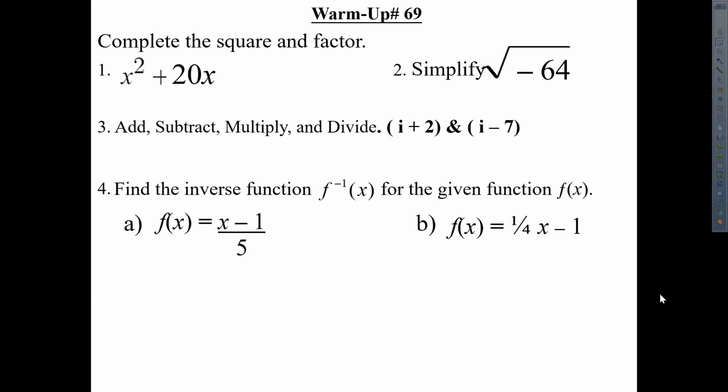Okay, I shared the screen again, hopefully. There it is.